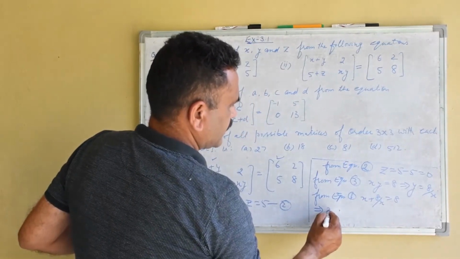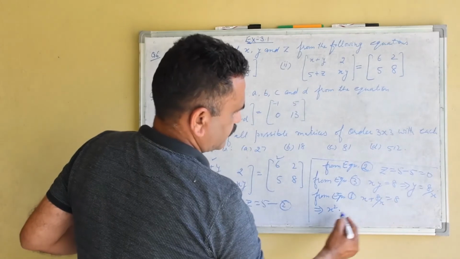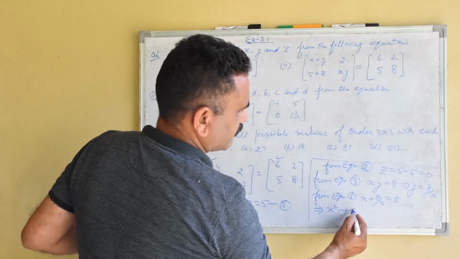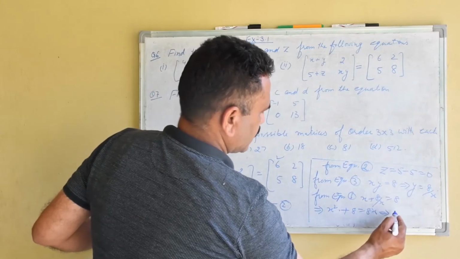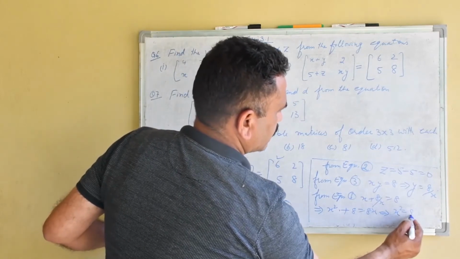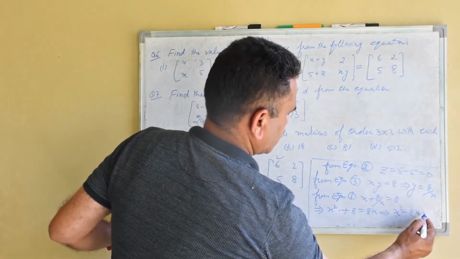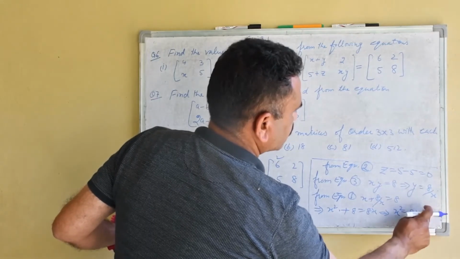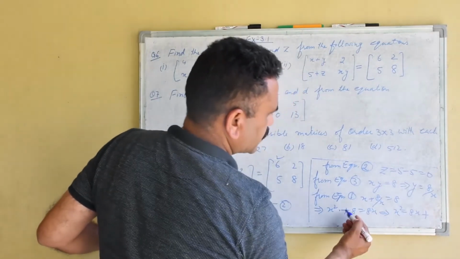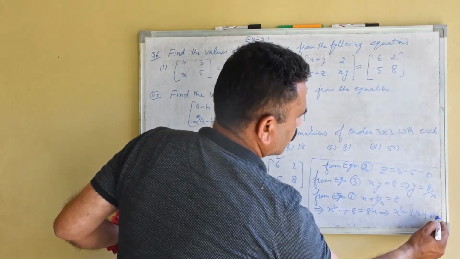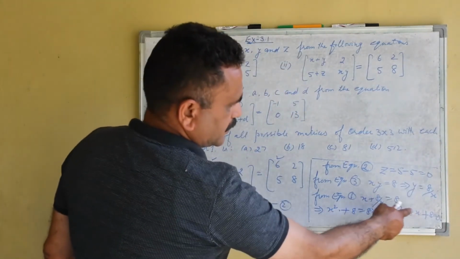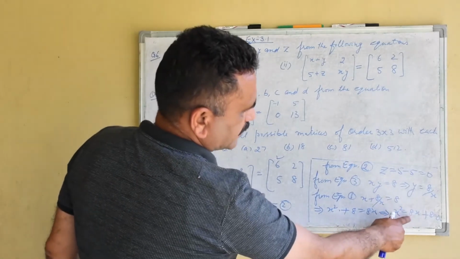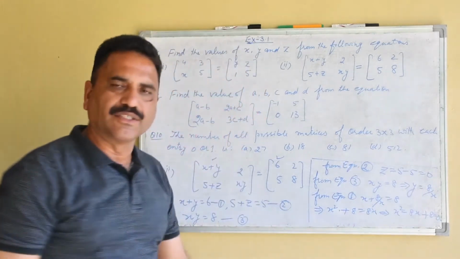So this implies x square, we have taken the LCM, plus 8 is equal to 8x. So this implies x square minus 8x plus 8 is equal to 0. Now this is a quadratic equation.